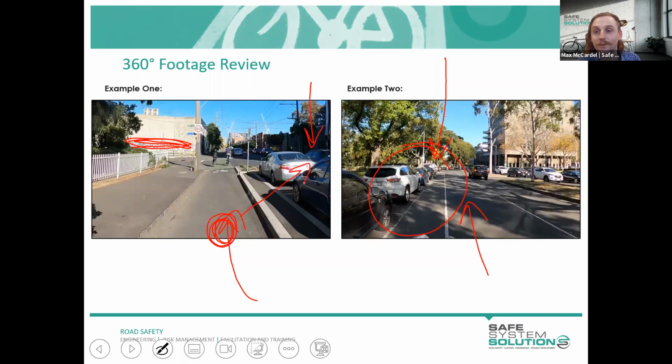And that also works the other way, that motorist being able to see that cyclist. So it's another thing to be considering with your protected bicycle lanes. If you are able to open up sight lines by removing parking, for instance, or just one bay, that can be a really effective way for reducing that risk of collision at those minor streets and crossovers.